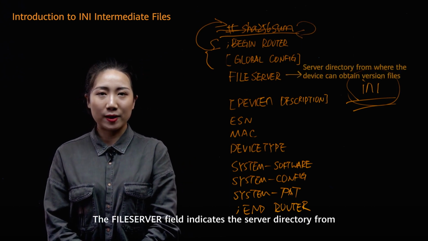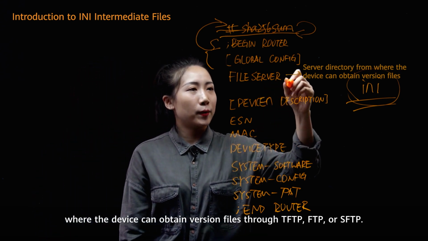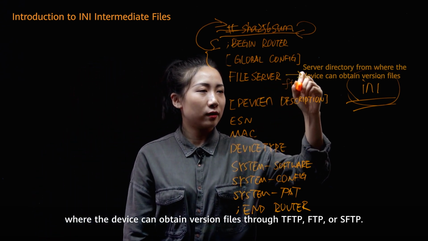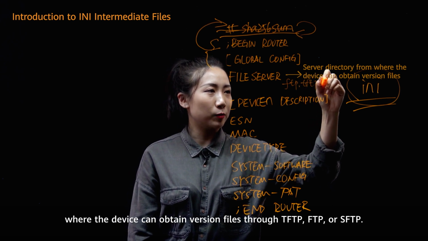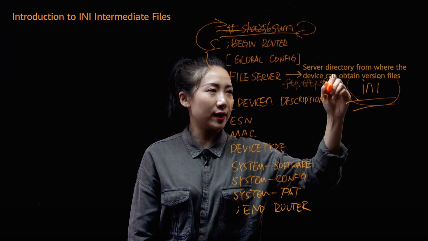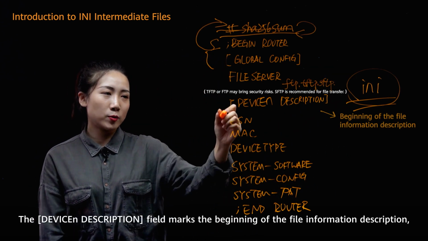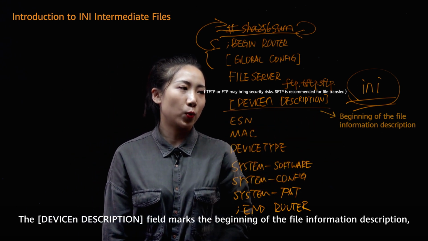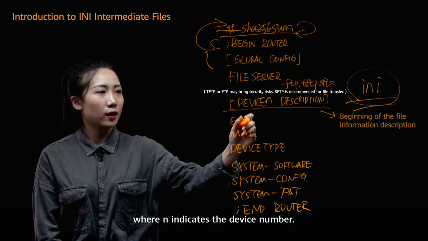The file server field indicates the server directory from where the device can obtain version files through TFTP, FTP, or SFTP. The device N description field marks the beginning of the file information description, where N indicates the device number.